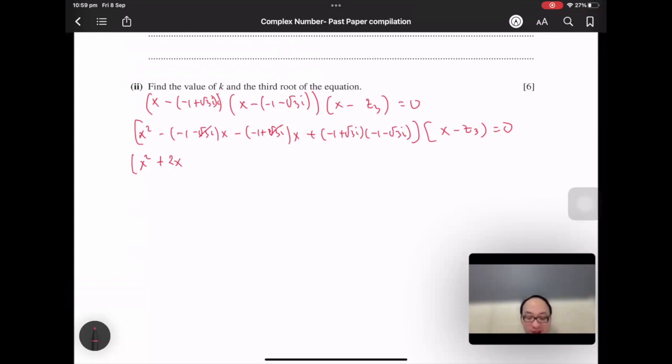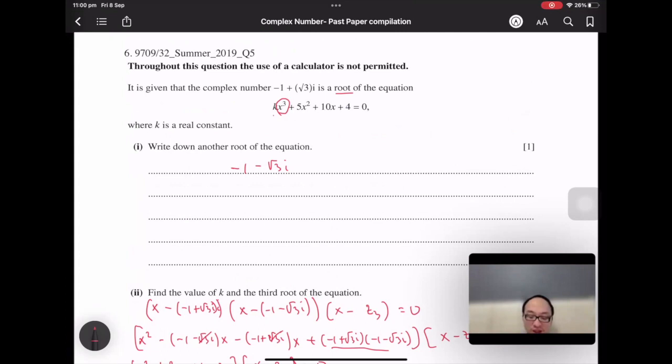And then from here, we have 1 plus root 3i minus root 3i, so 0, and then minus 3i squared, so plus 3. So x squared minus 2x plus 4, multiplied by x minus z3, equals 0.